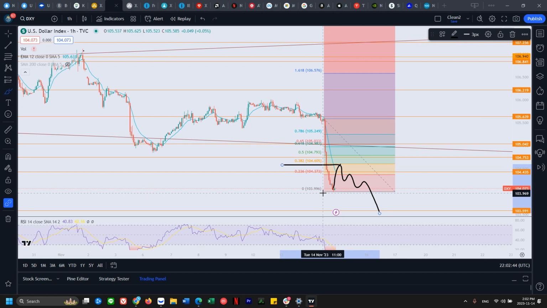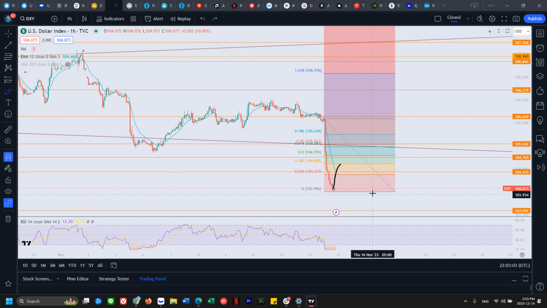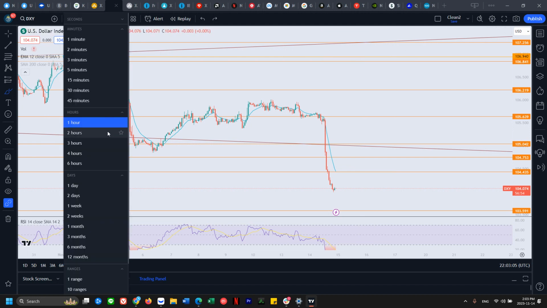But at this moment, we have no clues yet because it hasn't even started its bounce. So we'll see where it decides to bounce. Shallow bounce means a bear flag. Big bounce, if it bounces over 50% of this drop, then it's going to start to favor the bulls for trend change because they have a lot of space now to work with. We'll see.